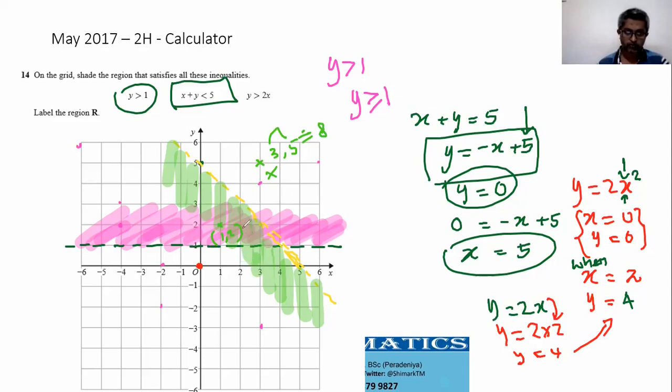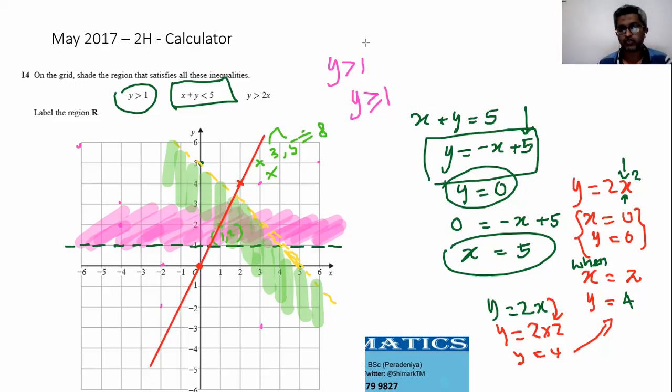So when x equals 2, y equals 4. So that is this point. So my equation, this one, is going to be like this. Something nearby this, right?